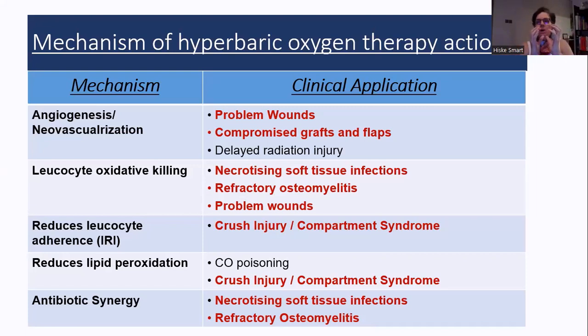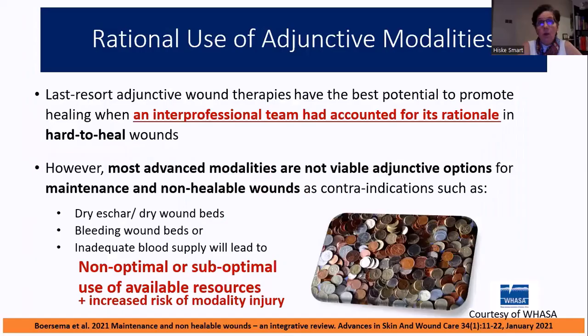So hyperbaric in your real complicated diabetic foot that needs a lot of interventions and a lot of eyes on them is a wonderful modality to apply. We need to do it rationally. It's best done if it's done by a team. It is best done if it's done for those that have the best chance to succeed.